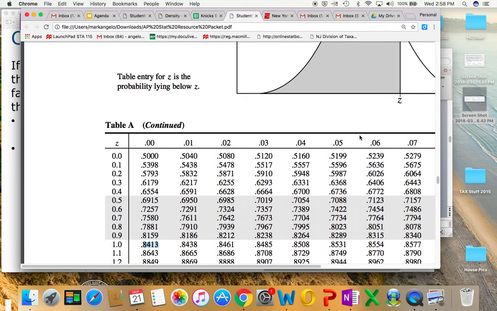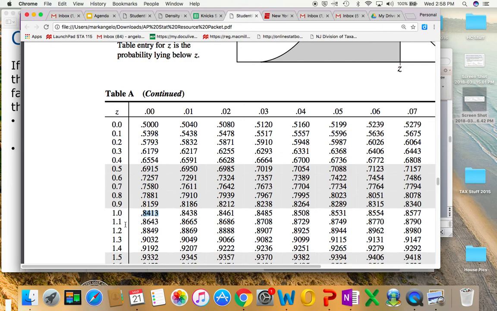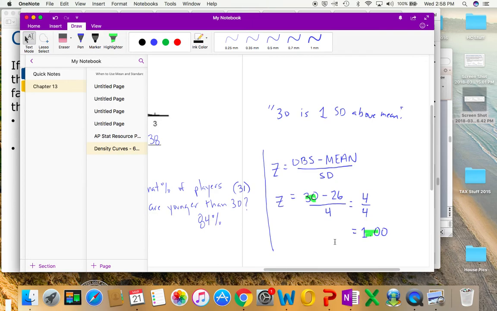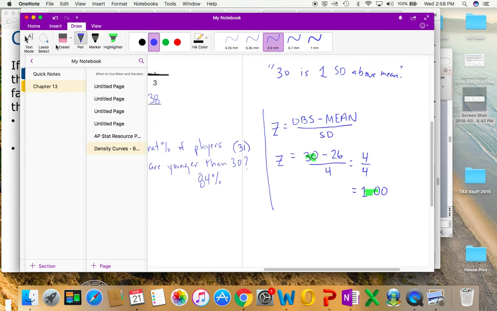So the likelihood that I get a z less than 1, or in this case an observation less than 30, or a player younger than 30, is 84.13%. How we write that is the probability that z is less than 1.00 is equal to 0.8413.